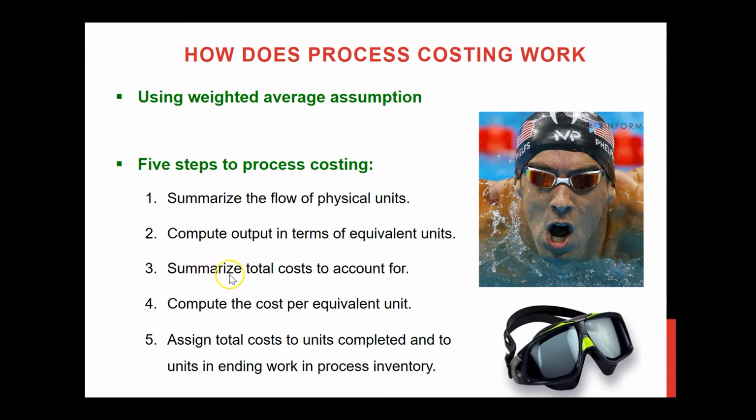Number 3, summarize the total costs to account for. Number 4, compute the cost per equivalent unit. And number 5, assign total costs to units completed and to units in ending work in process inventory. So we will follow all these 5 steps when we are solving the problems in this chapter.